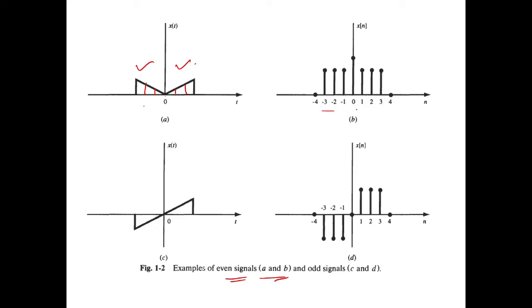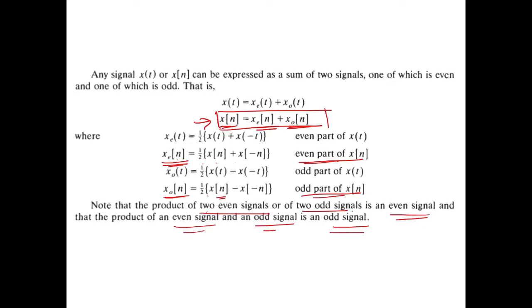Similarly, this is also an even signal. Here, it is an odd signal. This I have already told you: if two even signals or two odd signals are multiplied, then we get an even signal. Otherwise, if we multiply an even signal and an odd signal, then it would be an odd signal.